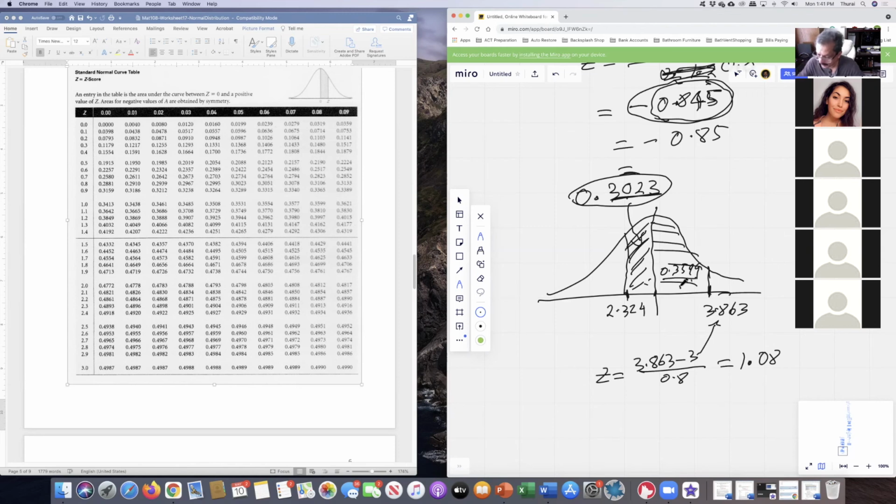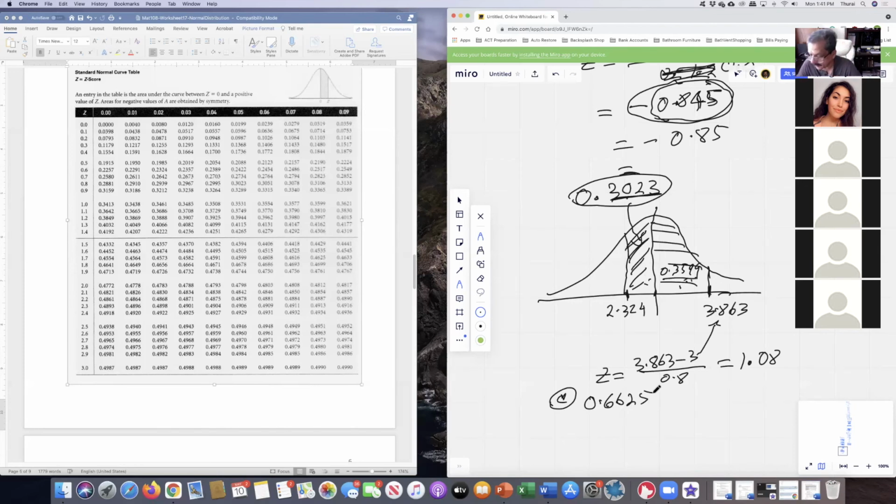So 0.3023 plus 0.3599 equals 0.6625. So the answer to part C is 0.6625.